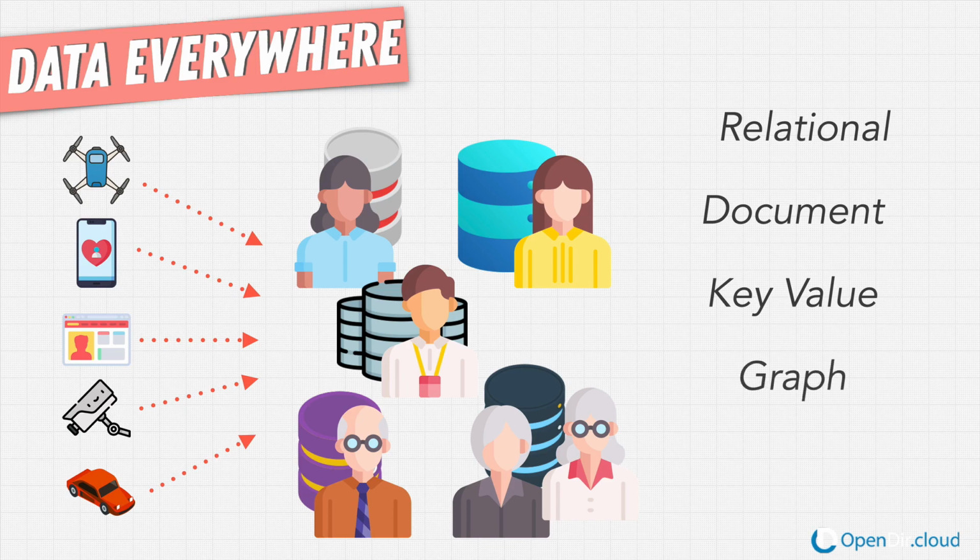Then we have graph model databases. These are databases like Neo4j or AWS Neptune. These types of databases are a lot rarer because they're a little bit more complex and they use something called a graph model. That is, it's really good for data that is connected in different ways.